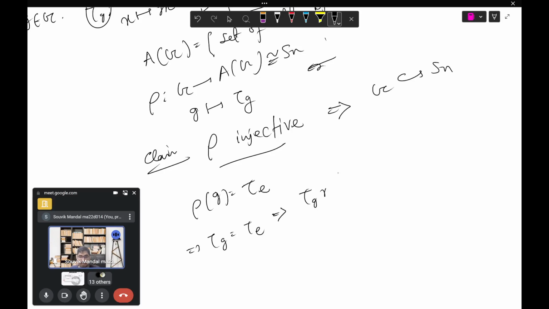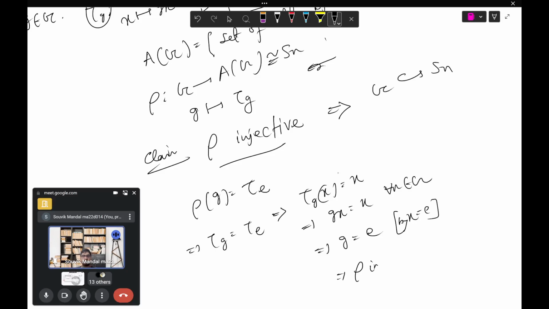This implies tau g of x is equal to x. This implies gx is equal to x for all x belonging to G. This implies g is equal to the identity by taking x equal to the identity. So this tells that rho is injective. This shows that the group G can be embedded inside Sn. Okay, the Cayley's theorem.